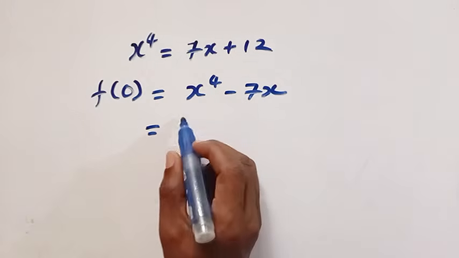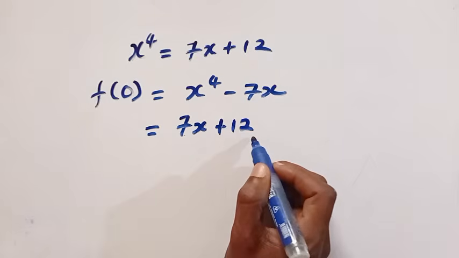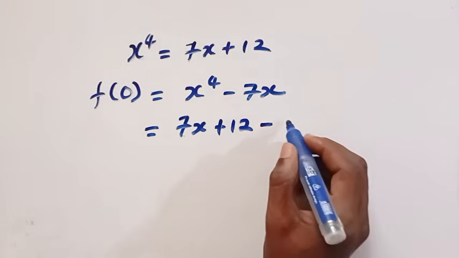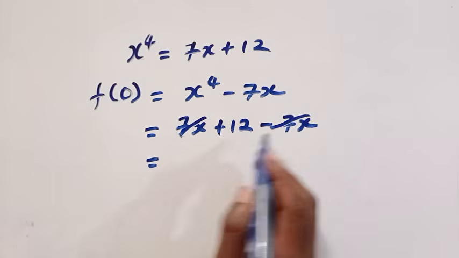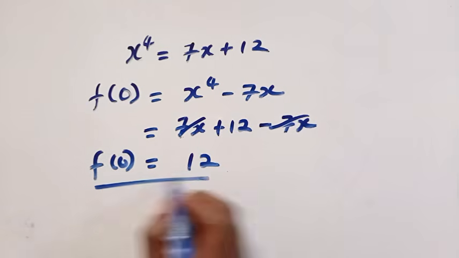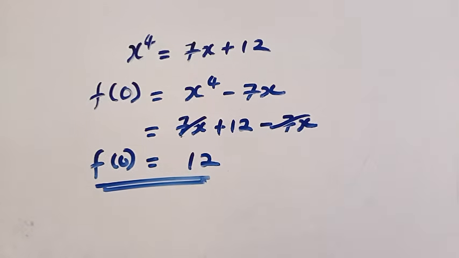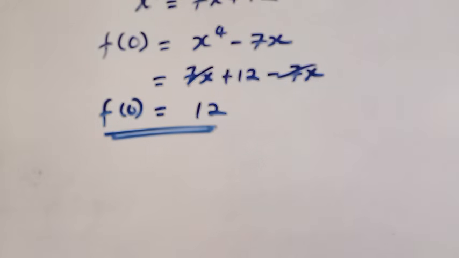So x power 4 is given as 7x plus 12. Then we have minus 7x. So 7x cancels 7x, and this equals 12. This is how simple and tricky this is. So therefore, our f of 0 here is given as 12.